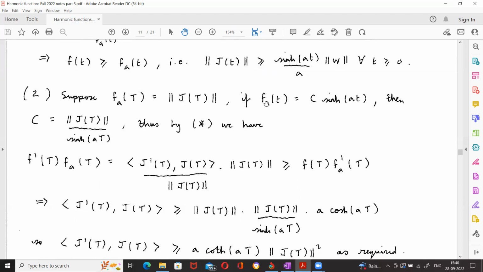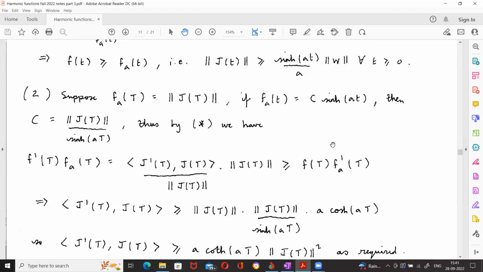So that means fa has to be of the form some constant C times sinh at, right? So we can solve for this constant C from this equality, right? Then C has to be what? C has to be norm J of T divided by sinh aT, right?